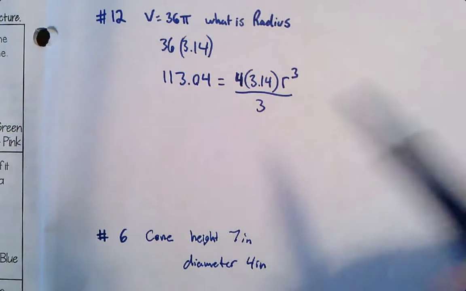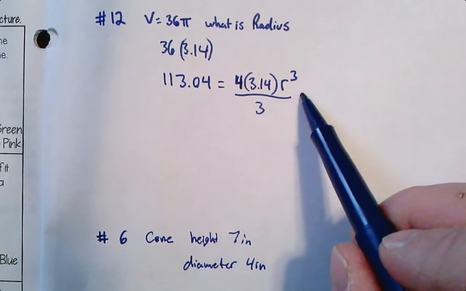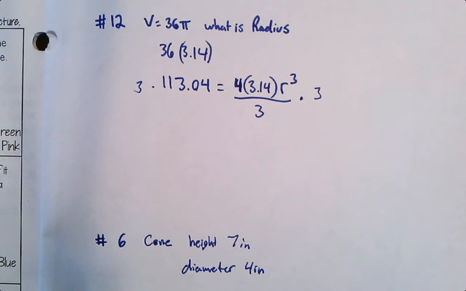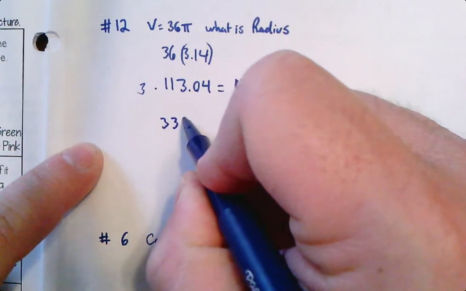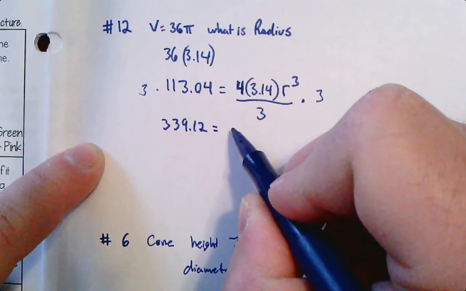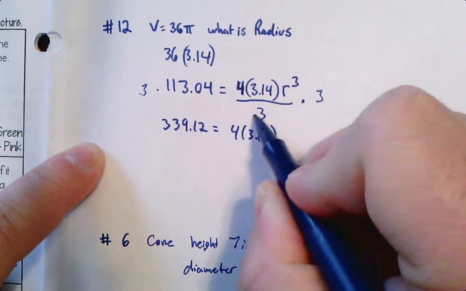Okay, so just like the cone's formula, I'm going to clear that 3 by multiplying both sides by 3. So 113.04 times 3 is 339.12. And then over here, I'm left with 4 times 3.14. Again, this cancels.